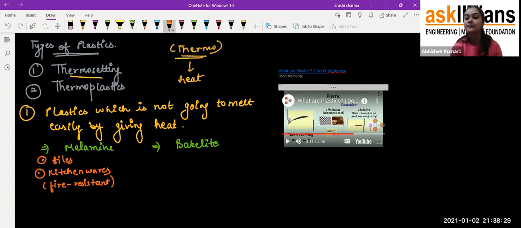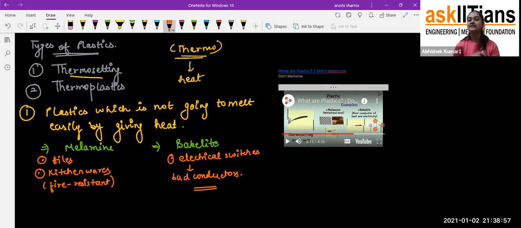Bakelite is the type of material we use to make electrical switches and electrical boards. Students, all plastics are non-conductors, but we use bakelite because it is a bad conductor. For example, I told you about PVC pipes in the very first session of this chapter.